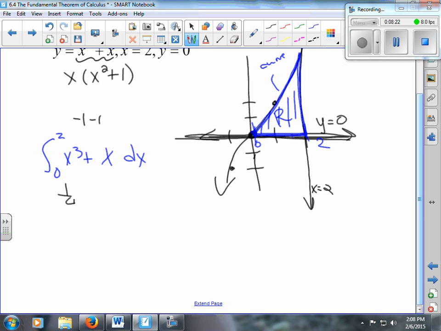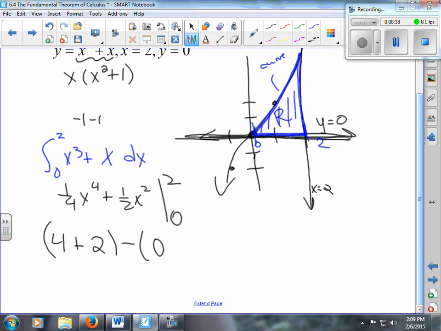We do our antiderivative. No plus c necessary because I'm finding an area. I plug the upper bound and the lower bound in. With the upper bound, I get 4 plus 2. And the lower bound, I get 0. And so my area is 6. So much faster.